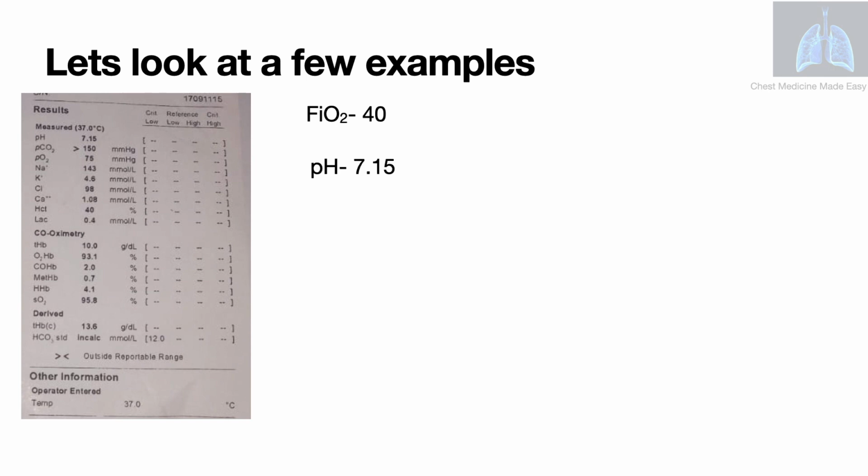The pH here is 7.15. The PCO2 is 150. Well, actually it is more than 150, but the machine can only read up to 150. So let us assume that it is 150. The PO2 here is 75, and the bicarbonate is out of the range of the machine. So let us ignore that bicarbonate for now.